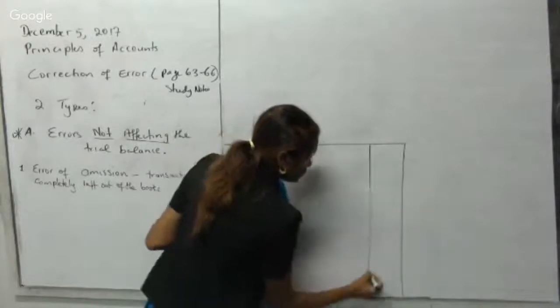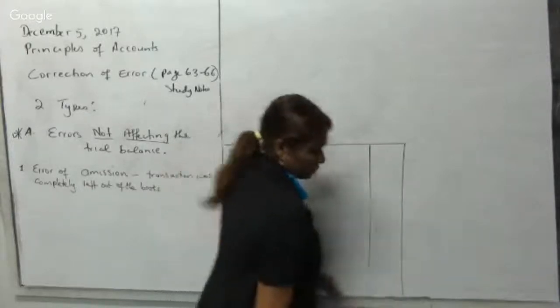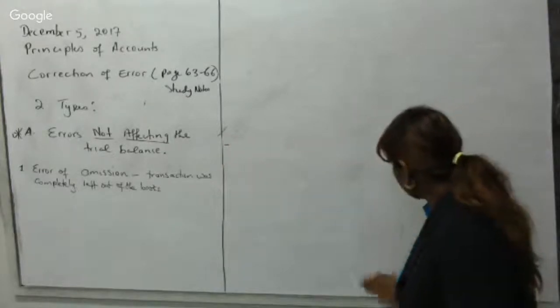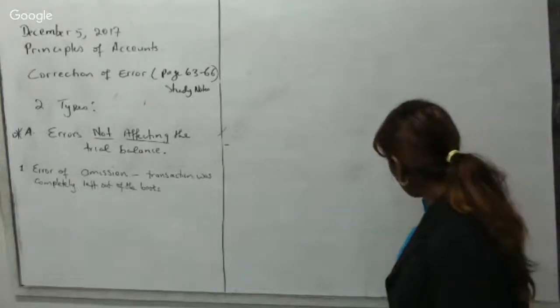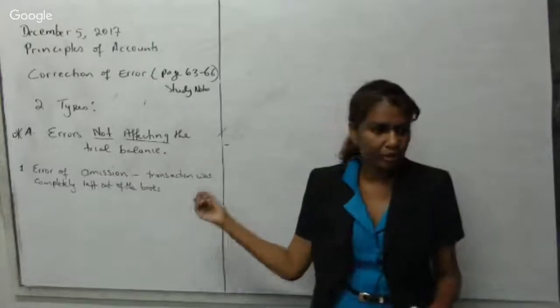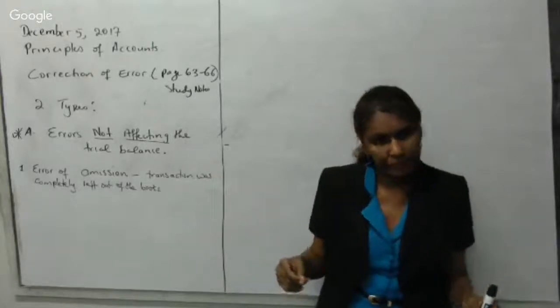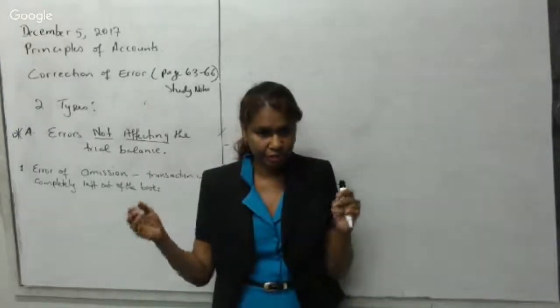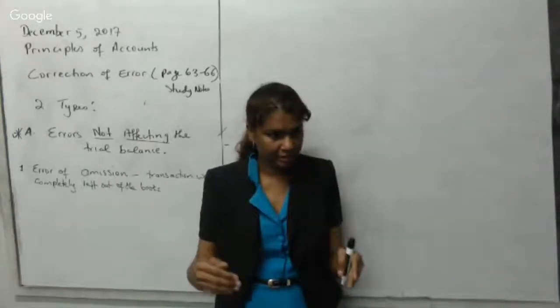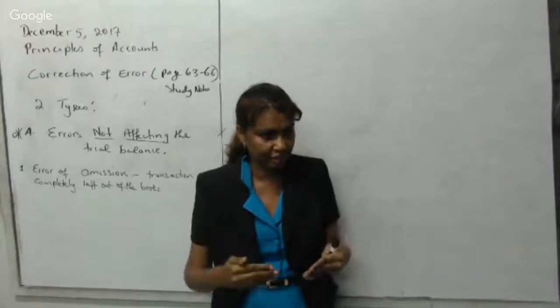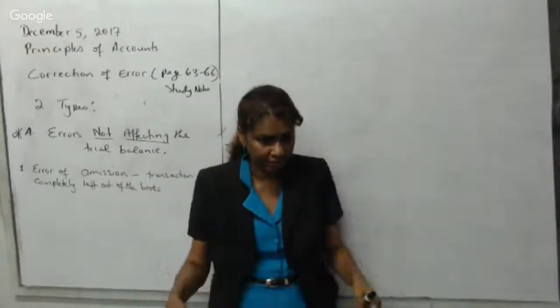So I'm going to draw, as I go along, I'm going to just give some examples and I'm going to use journals to show you the correction for each of them. So 6 of them, so I'm going to show you 6 different examples, 6 different journals. But you know that if you're doing a question, you would not have 6 journals, one entire journal for all the errors.